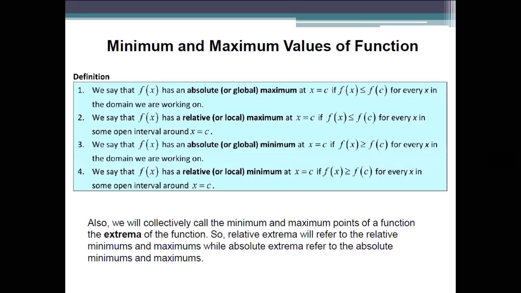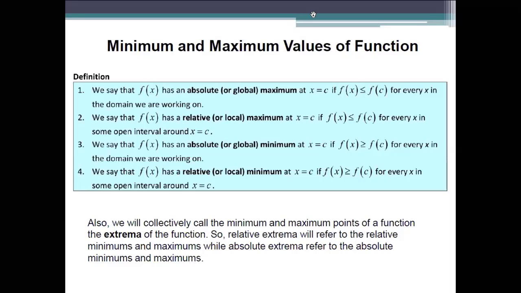And the next section of our lesson is minimum and maximum values of function. I think with critical points all of it is clear. So let's begin again with the definition of minimum and maximum values.